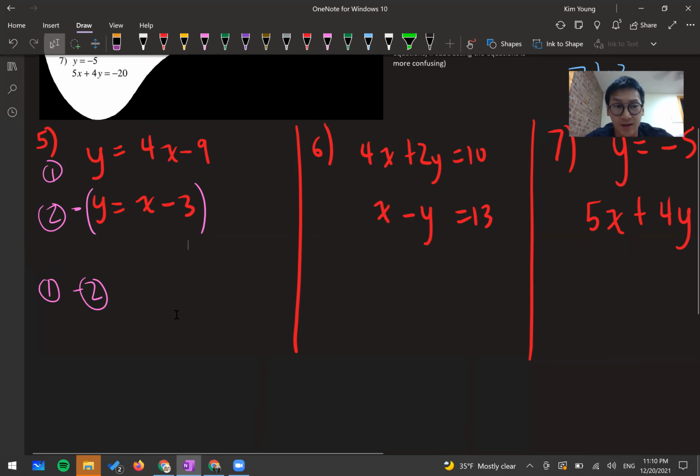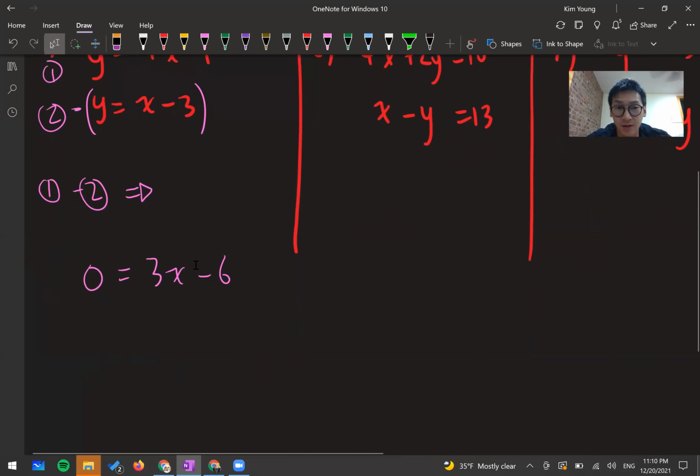The left side is y minus y, which is equal to 0, and that's equal to 4x minus 9 minus x, because you distribute the negative again. So that's 4x minus x, which is 3x. And then negative 9 plus 3, because you distribute the negative, which is negative 6.